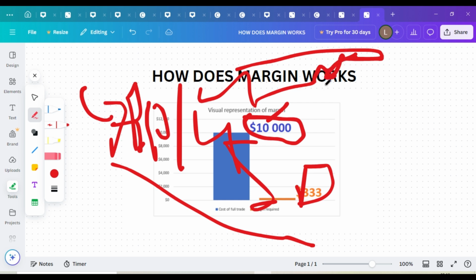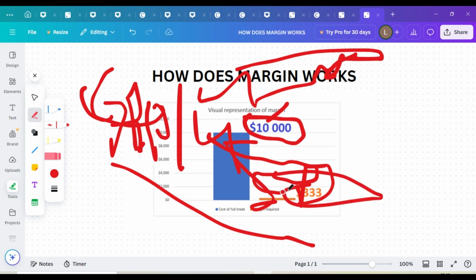The amount that you use to buy GBP against US dollar at that point, because you are not going to use the whole $10,000 to buy it, there will be a specific amount that you are going to use to buy this GBP against USD, and that amount is what is called margin. Let's take it that at that point they are selling GBP for $333.